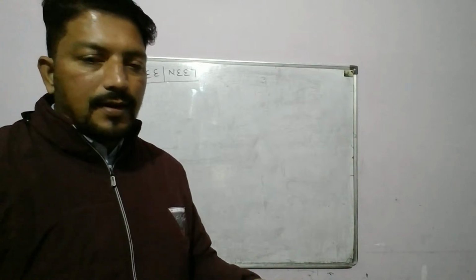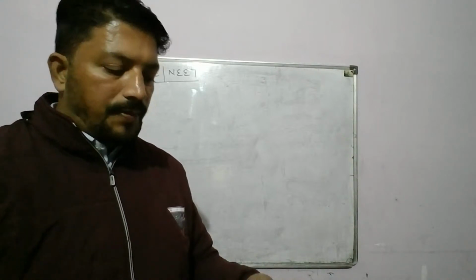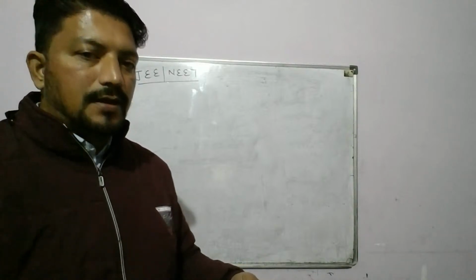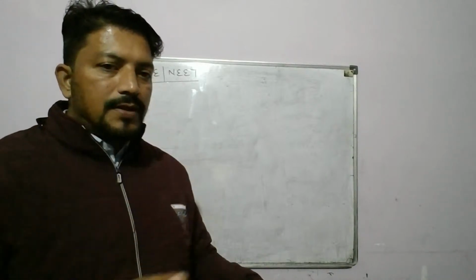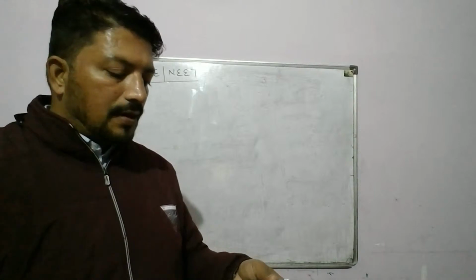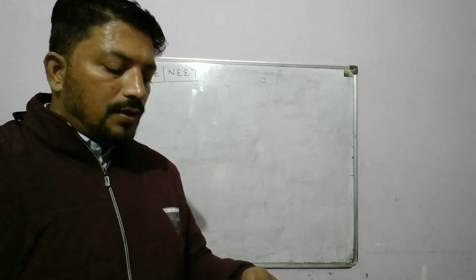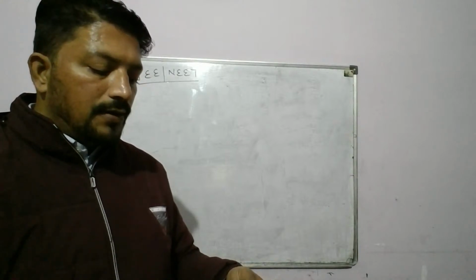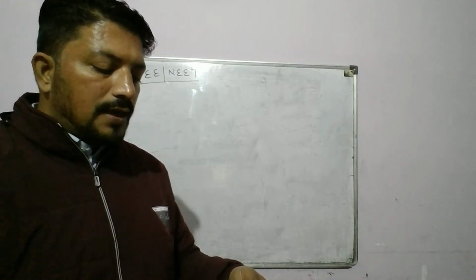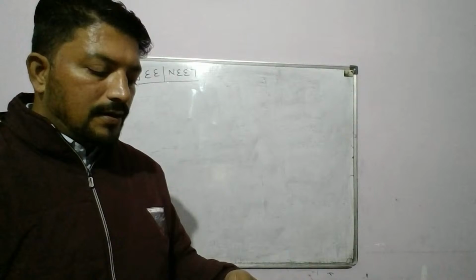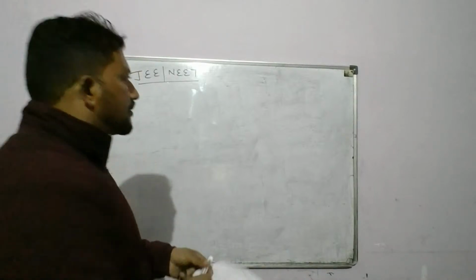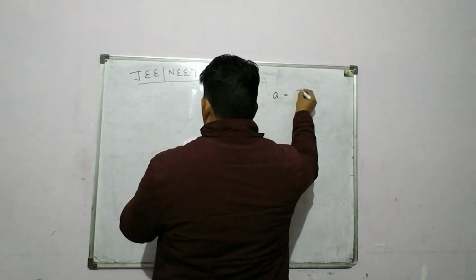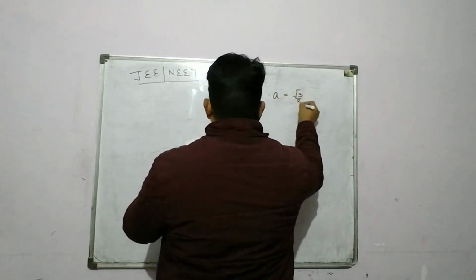One ring, radius r, charge capital Q, and it is distributed along the circumference. The radius r is given, so we have to find the ratio of electric field strength at distance r and at the second distance along the axis, r by under root 2. Option A is under root 3 by 8.